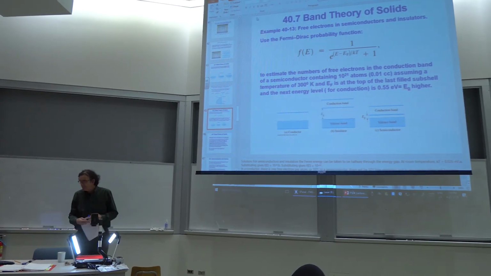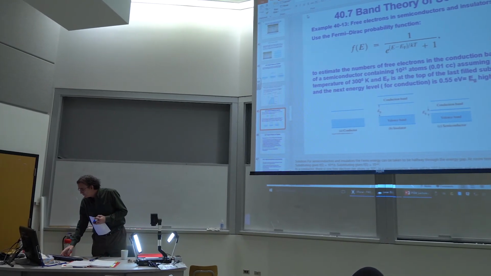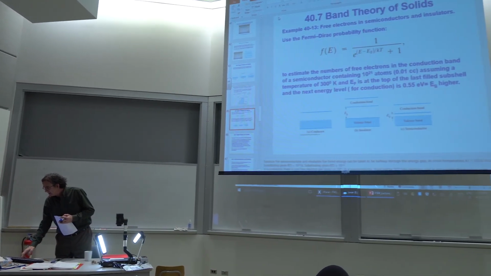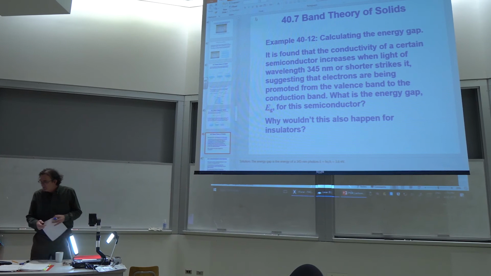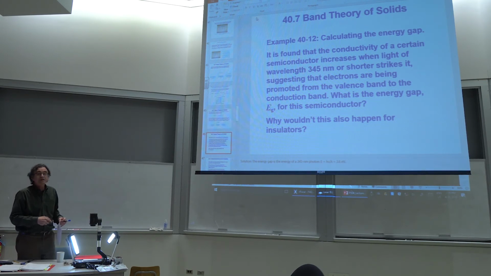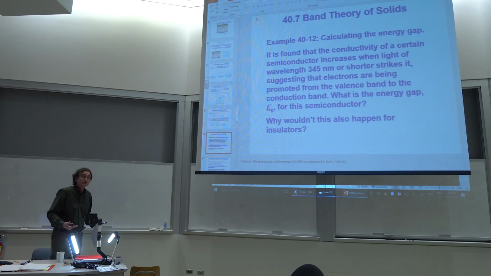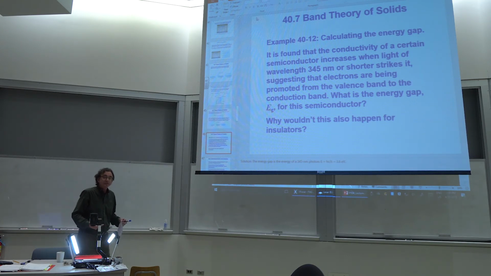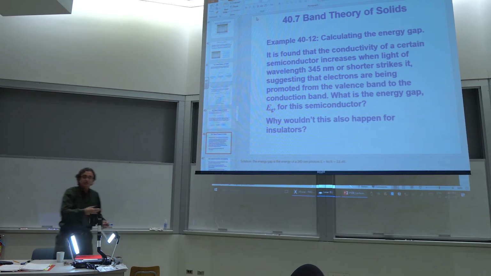So now what must be happening is that for wavelengths longer than 345 nanometers, the conduction doesn't change. It doesn't help. So I must not be adding enough energy to get the electron to a higher energy level.